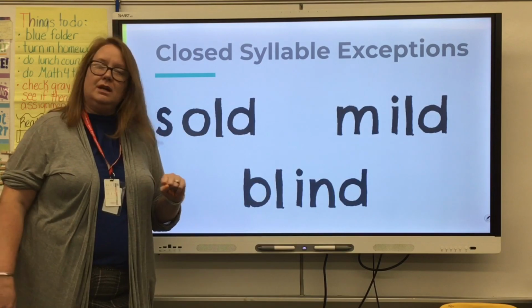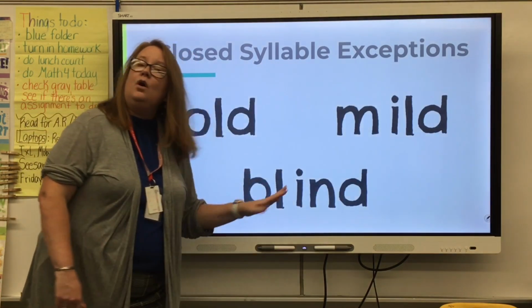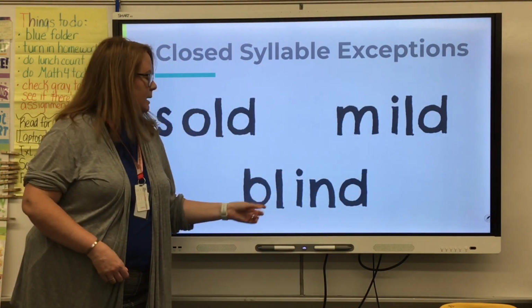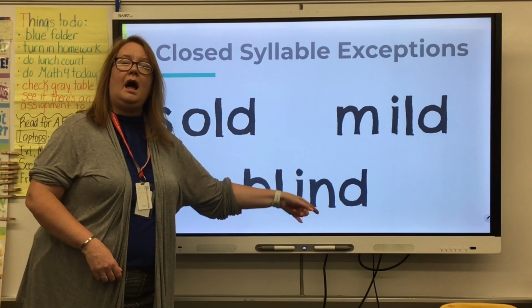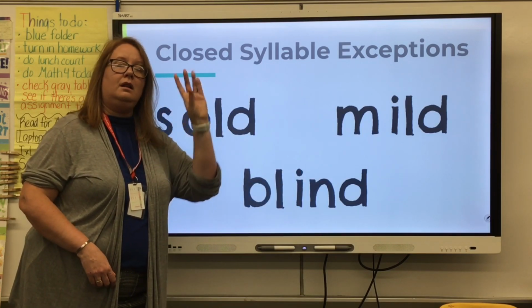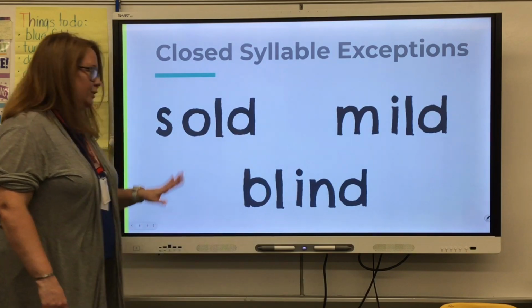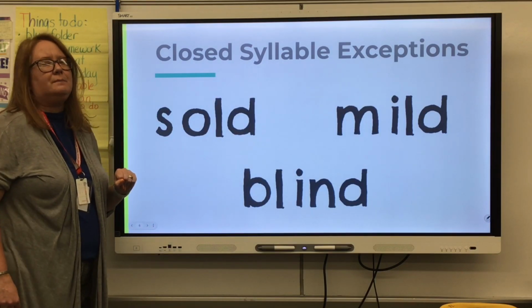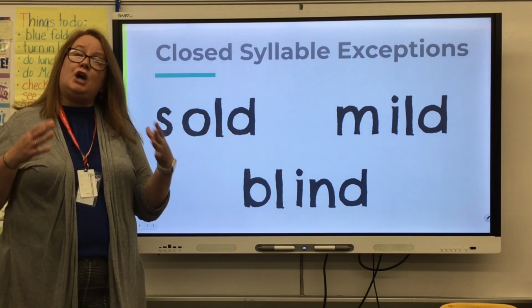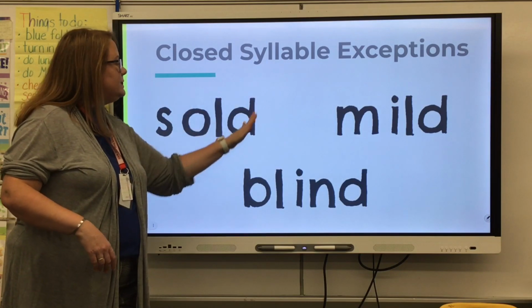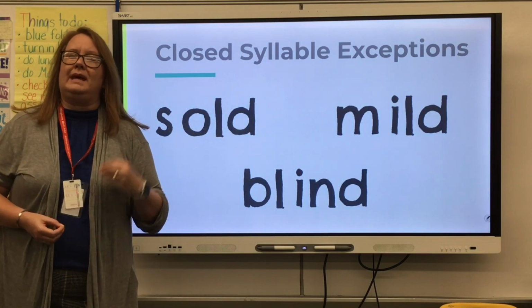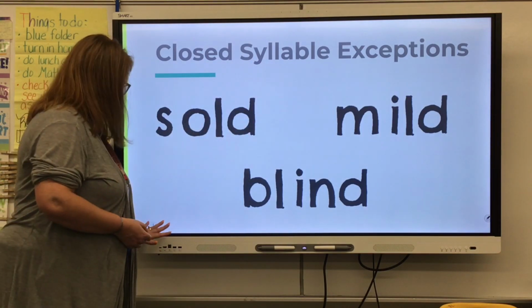And then down here, I see IND, which I know says ind, blind. When you're thinking about closed exceptions, you kind of have to think about chunks of words. And when you see these together, they're going to make that special sound.